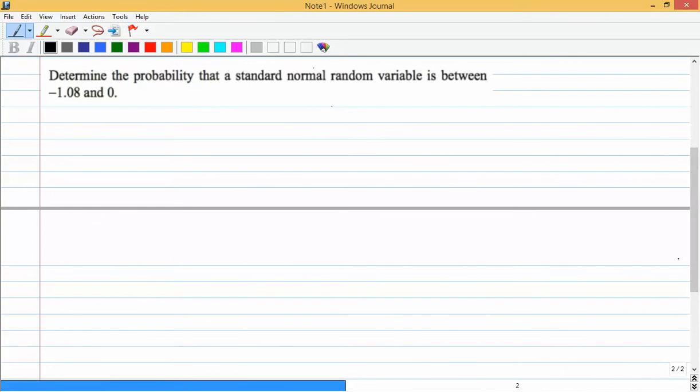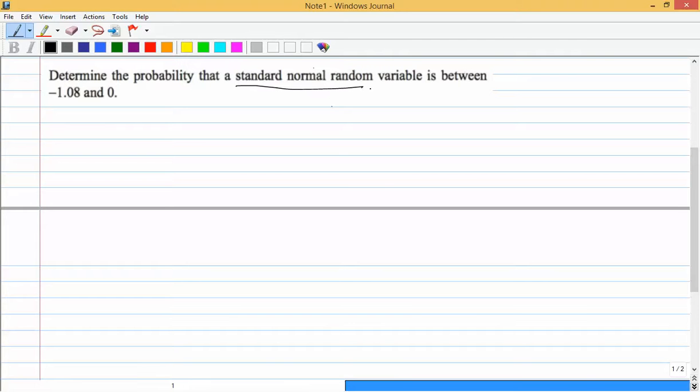Now just like with most math problems, there are several ways to get to the same answer. I'm just going to show you the way that I learned and that I've always taught. Okay, so with a standard normal distribution, remember the standard deviation is 1 and the mean is 0.